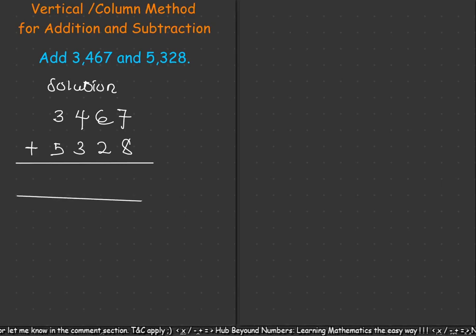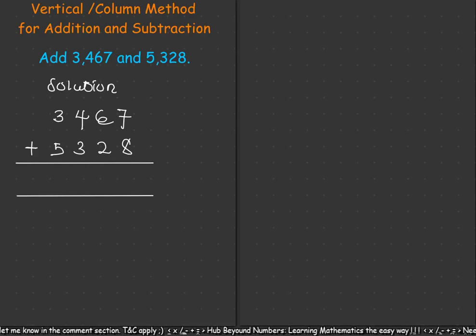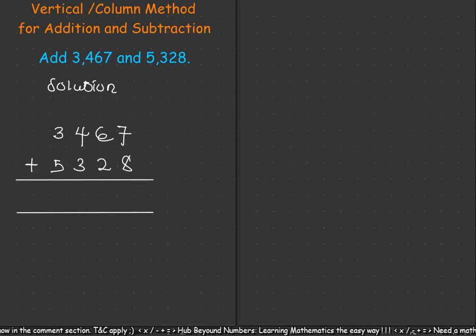After which we can now add. In adding, we will be adding column wise. By column wise, I mean we'll add from the ones column to the ones column. That is 7 plus 8. 7 plus 8 gives us 15. But we can't write all the 15 over here. So what we do is we write the rightmost digit.